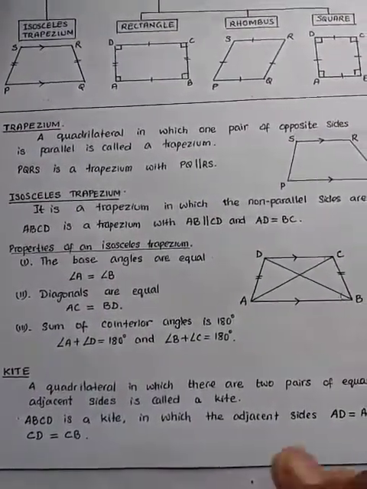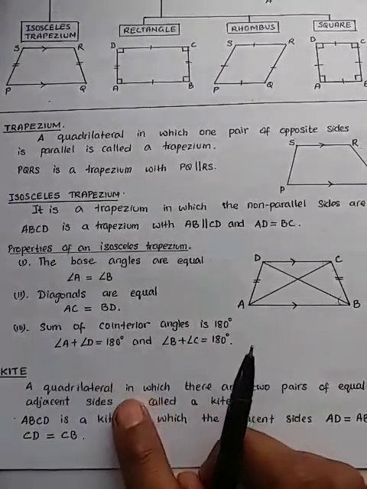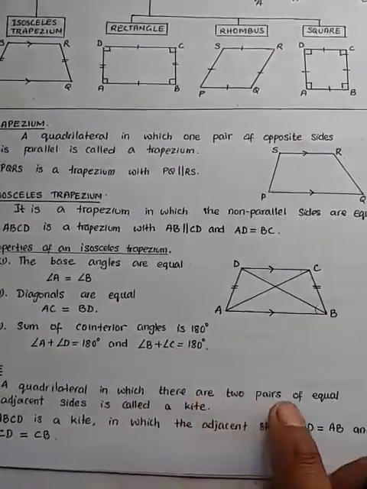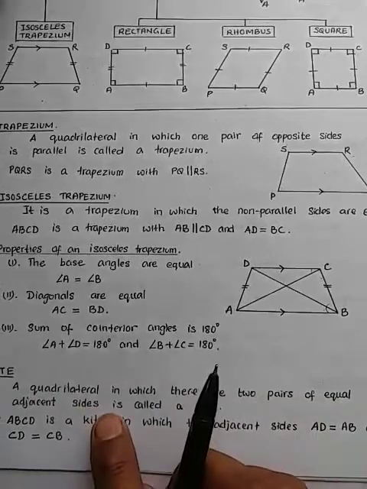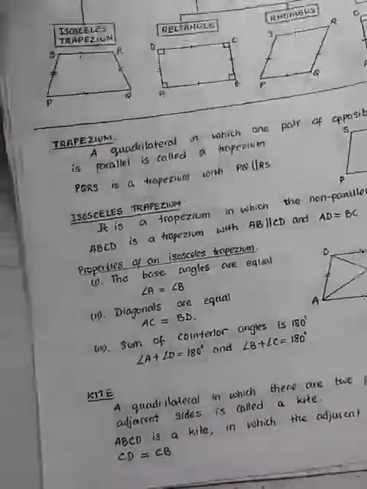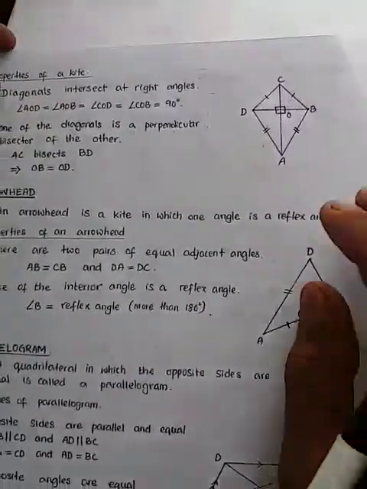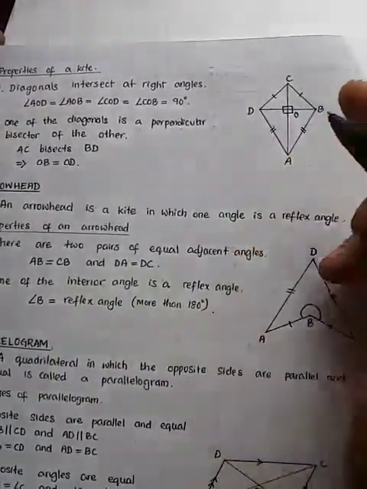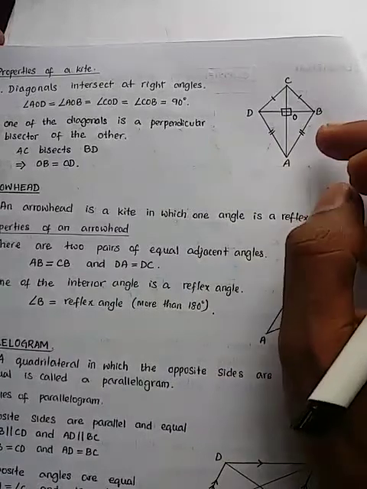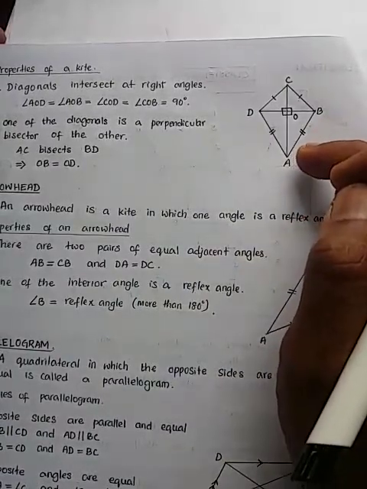So what is a kite? A kite is a quadrilateral in which there are two pairs of equal adjacent sides. Okay, so here is a kite. Here in a kite you will find that two adjacent sides are equal.